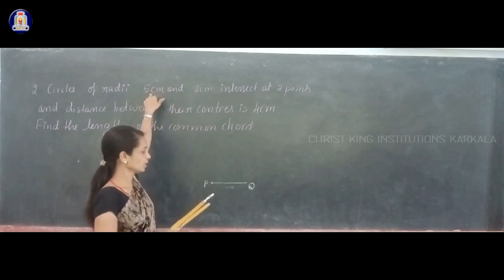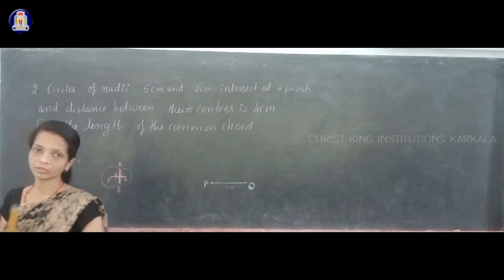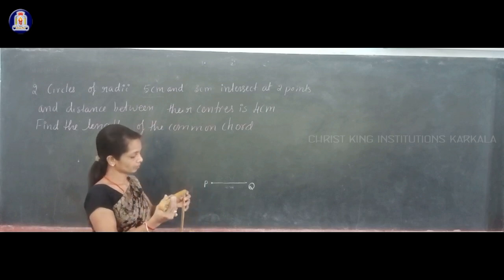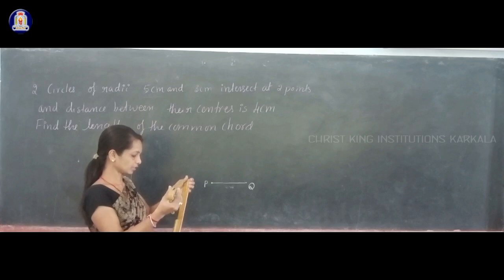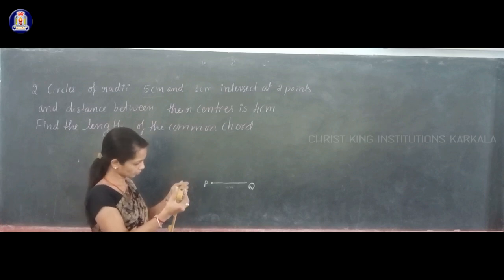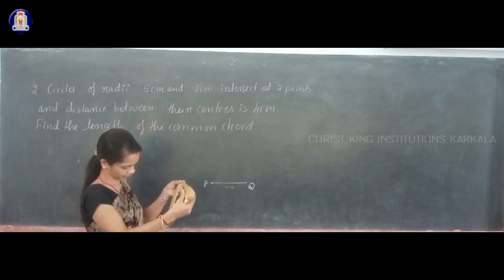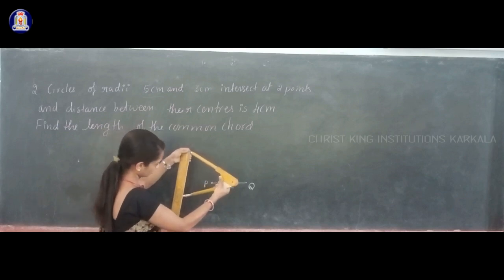Here you have to take P as the center for this circle, the circle of radius 5 units. Now you have to take 5 centimeter in your compass.